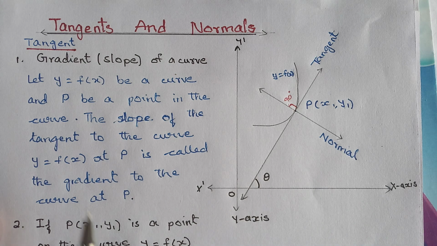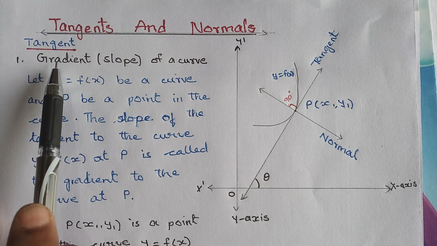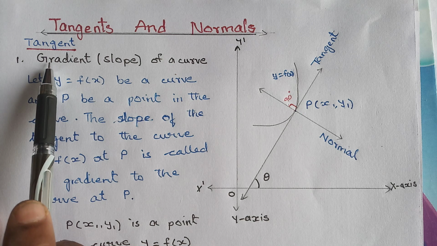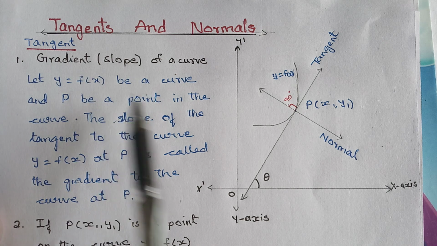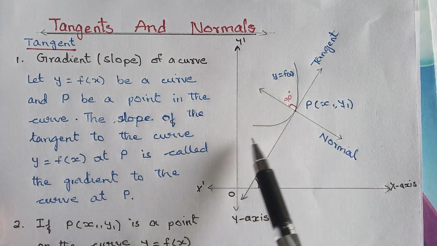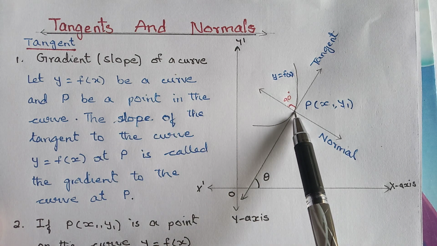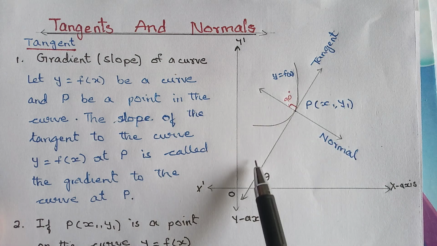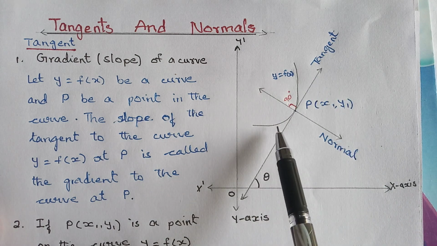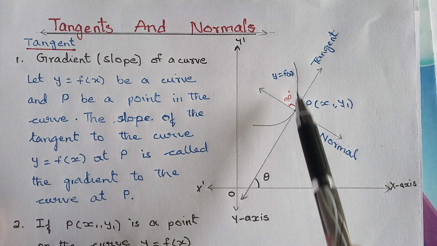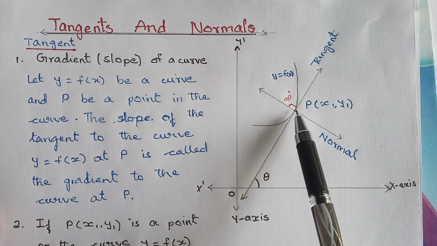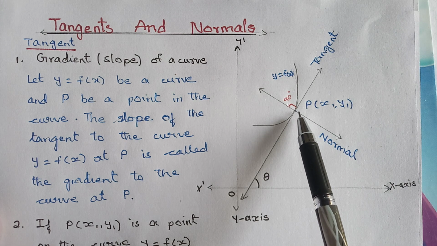So the tangent gives the gradient or slope of a curve. Let y equal to f of x be a curve and P be a point on the curve. The slope of the tangent to the curve y equal to f of x at P is called the gradient of the curve at P.